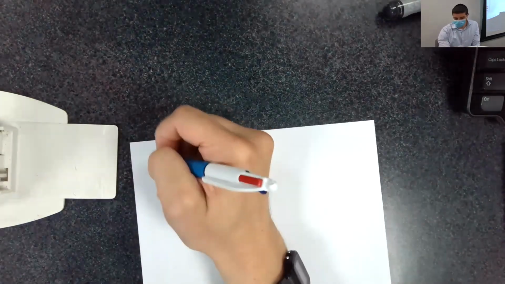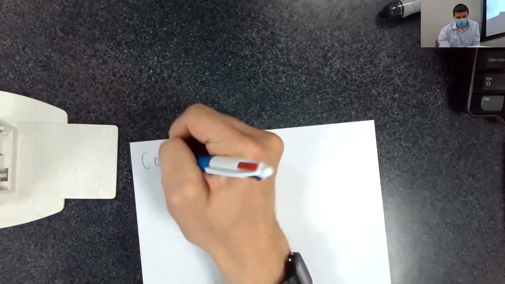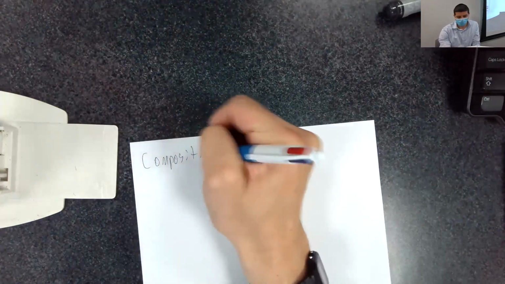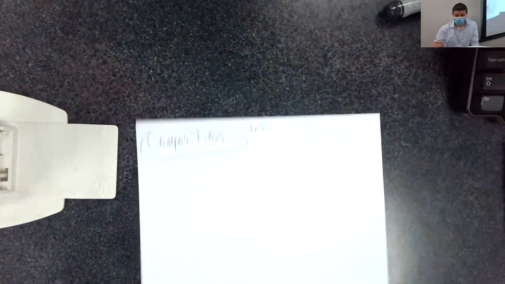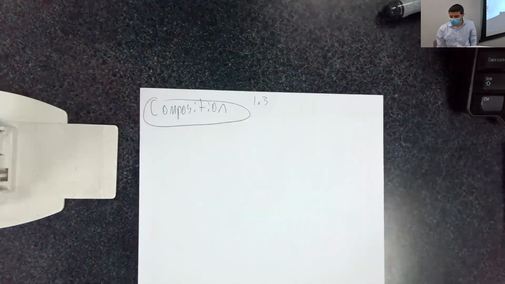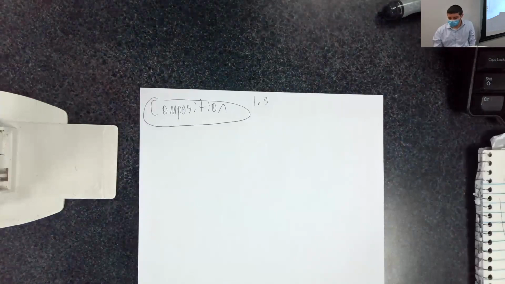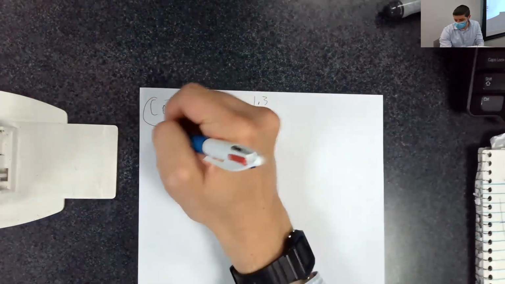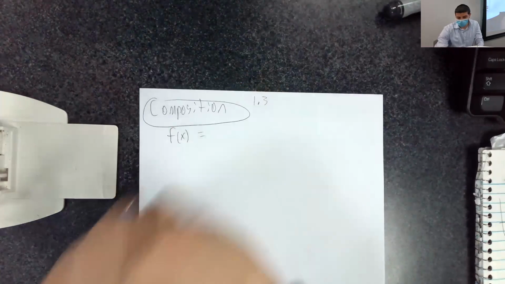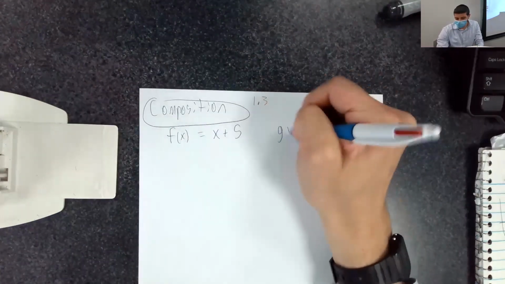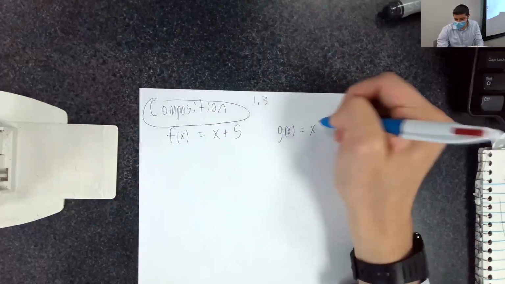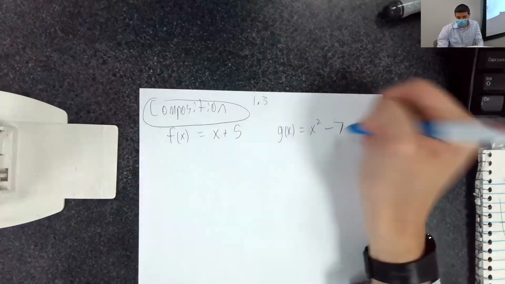Okay, and here's what we really need to know: composition. This is like in 1.3. Composition of functions. f of x equals x plus 5. g of x equals x squared minus 7.